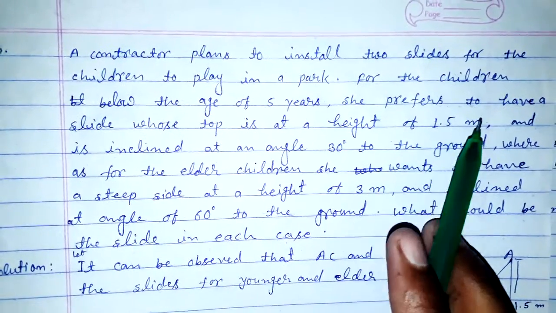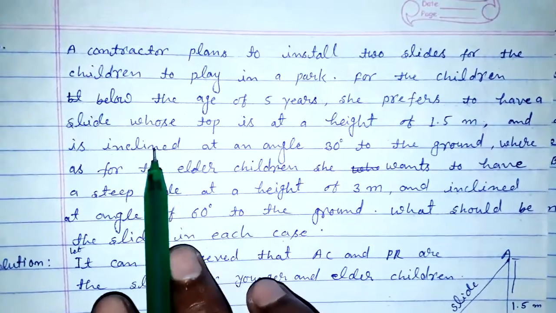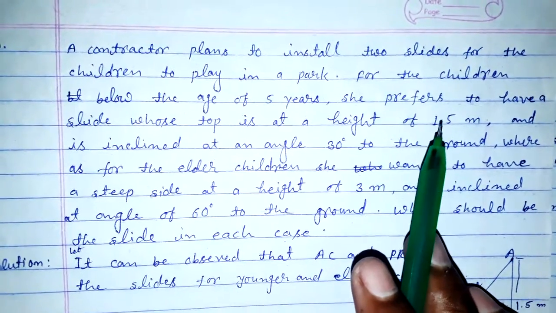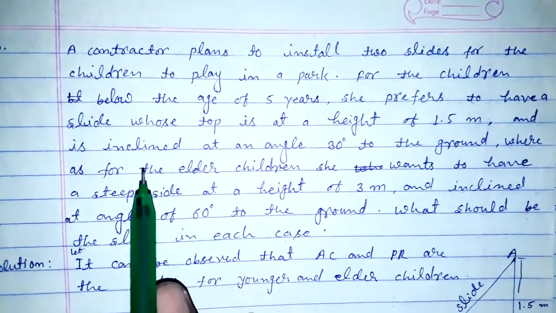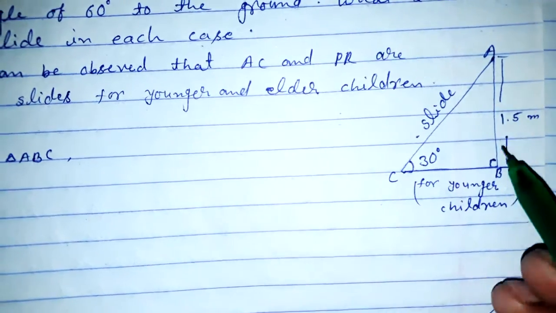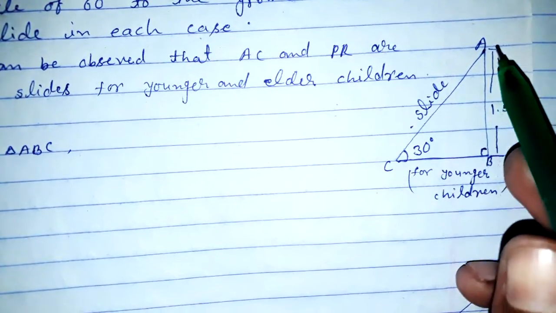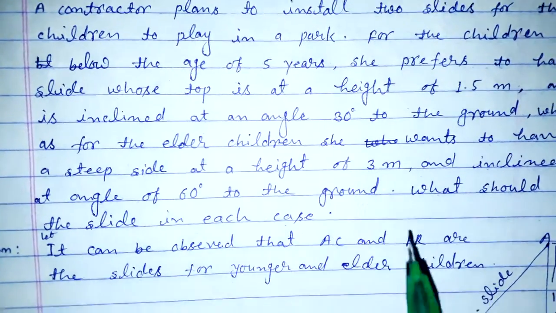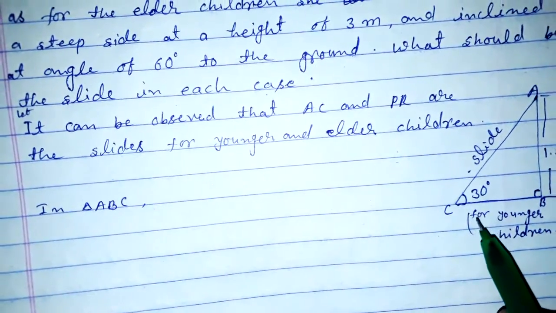She prefers to have a slide whose top is at a height of 1.5 meter, and in the first part, so draw this figure, the height is 1.5 meter and this is the slide, and the angle is 30 degree.